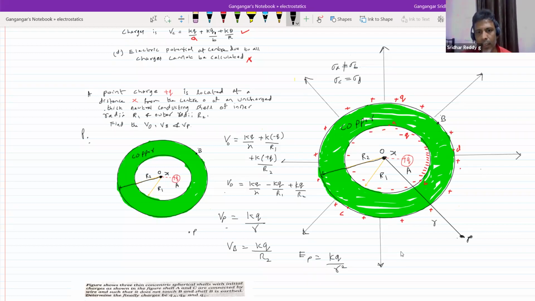I'm writing this equation looking at the field, because the outer surface will be similar to a charged conducting sphere. That's why I wrote this equation.